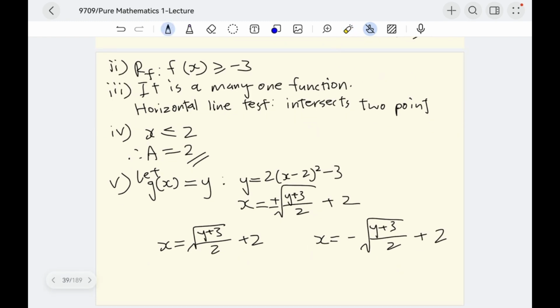So for me, I will suggest an example value of y to test which one of these two functions meets this requirement when it has this domain. So let's try y equals negative 2 inside here.